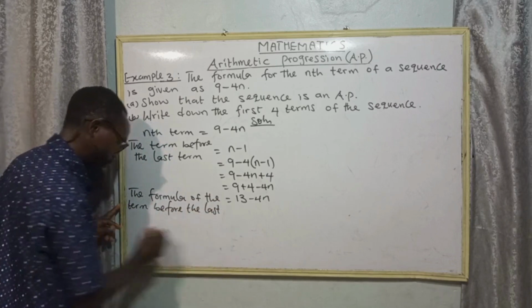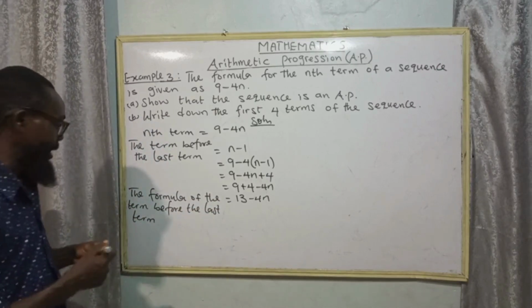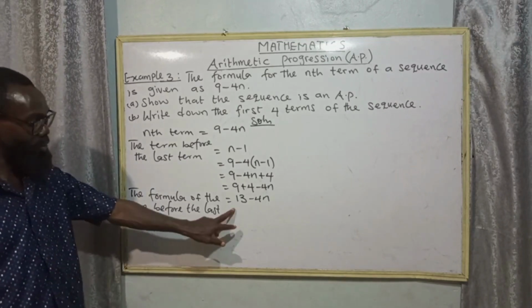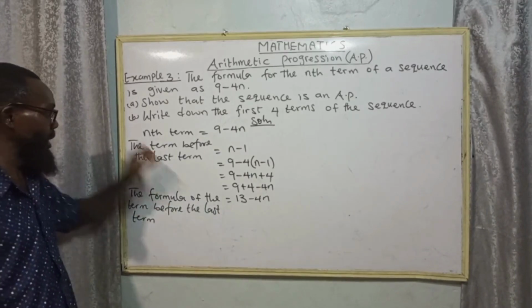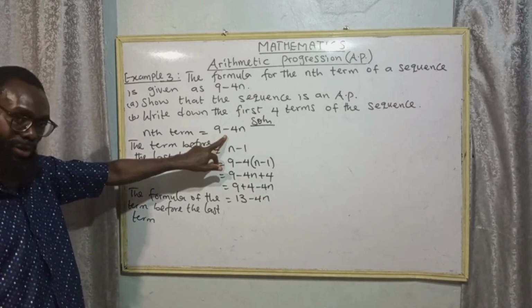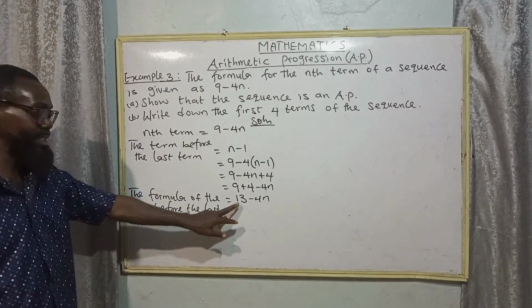Now, the formula of the term before the last term will be equal to 13 minus 4n. So the formula of the nth term is 9 minus 4n, then the formula before the nth term is 13 minus 4n.